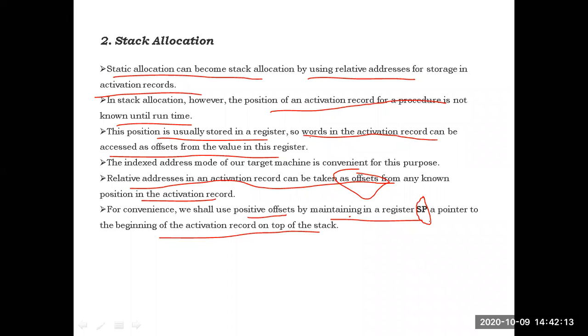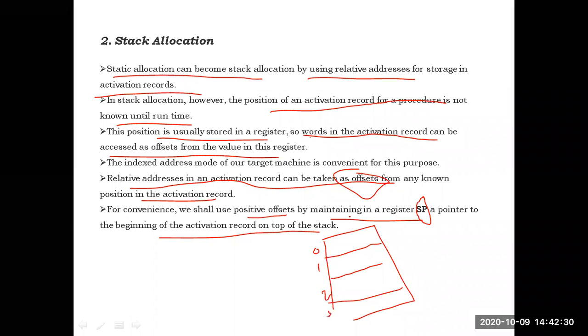The beginning address is available in the stack pointer, and the remaining addresses can be calculated using the SP. For example, this is the activation record. It contains some fields like the address for actual values, temporary values, and so on. The offsets are like this: 0, 1, 2, 3.